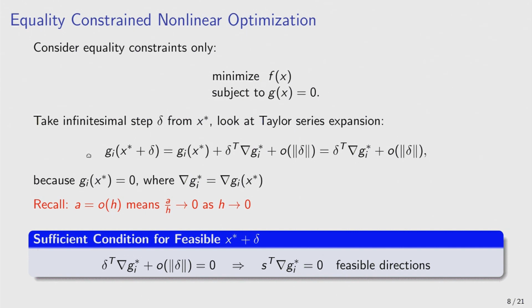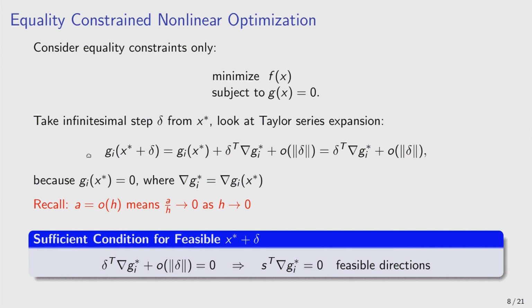Okay, so if we are at a feasible point, then gi of x star is 0, and this direction looks like delta transpose gi star. So there's a reminder what this means. So a sufficient condition for feasibility then is that a direction S, scalar product with gi, is equal to 0.